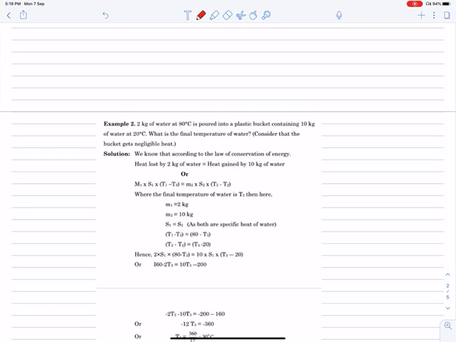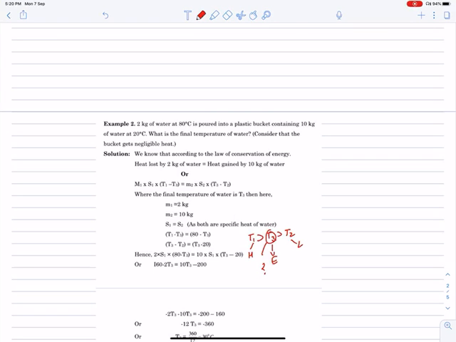What I meant to say is that T1 is greater than T3, and T3 is greater than T2. This is at higher, this is at lower, this is at equilibrium. So you have to calculate this.